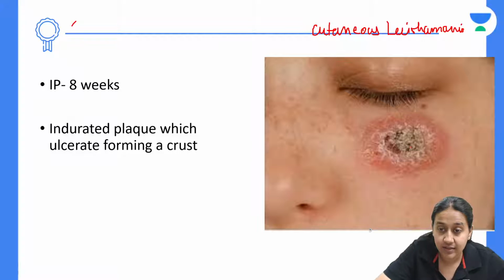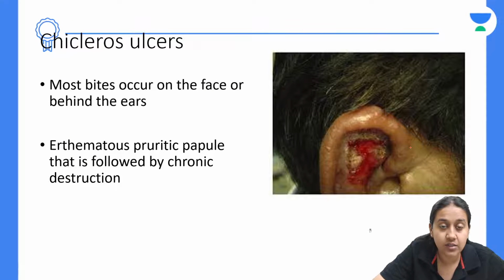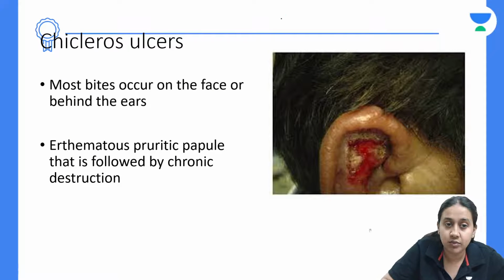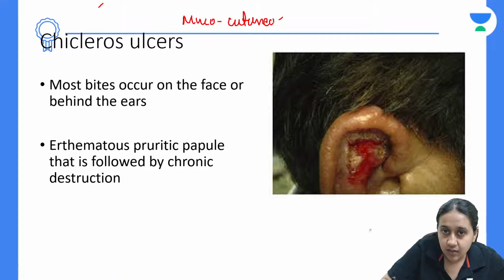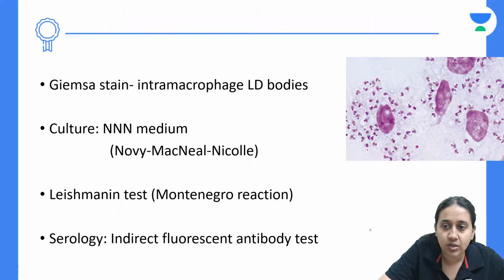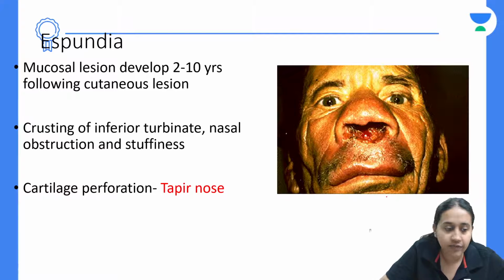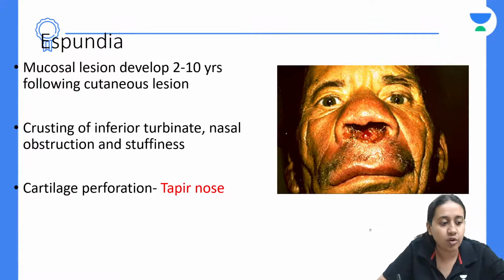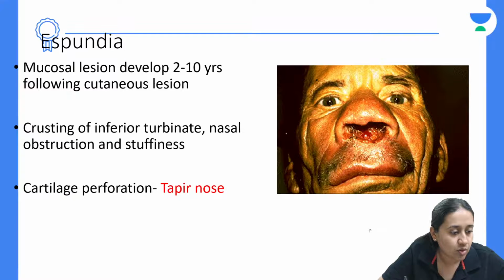Now the next is what is known as mucocutaneous leishmaniasis or a new world leishmaniasis. Here you will see the features of skin. Can you see that there is erosion? And you can also see the features of the mucous membrane involvement in the form of espundia. Is that clear to all of you? Can I get a quick thumbs up from all my dear students?